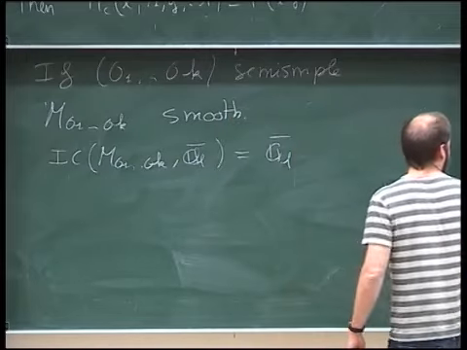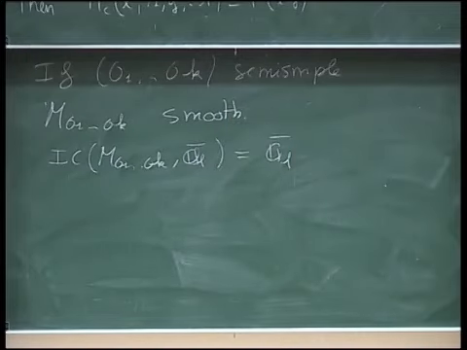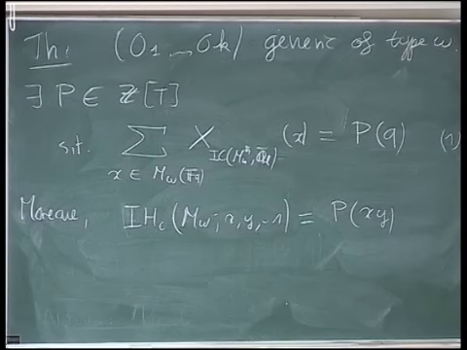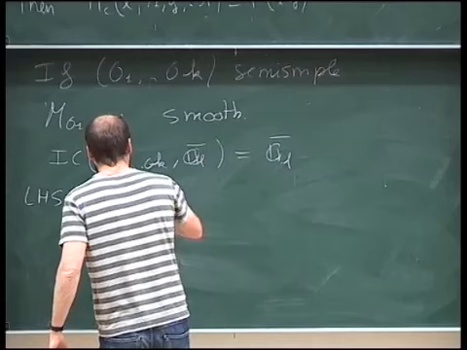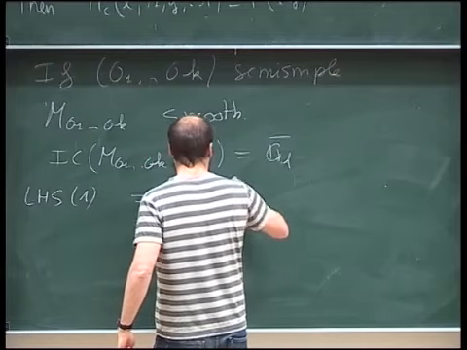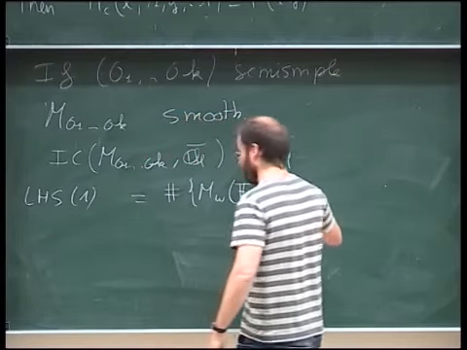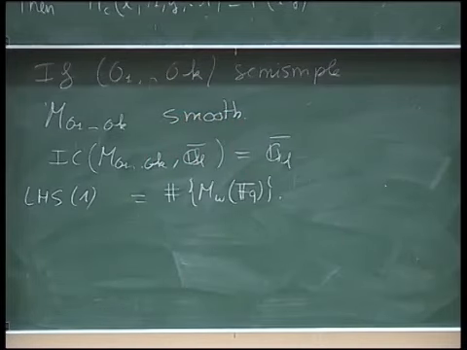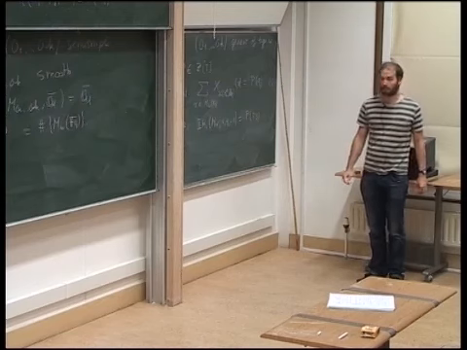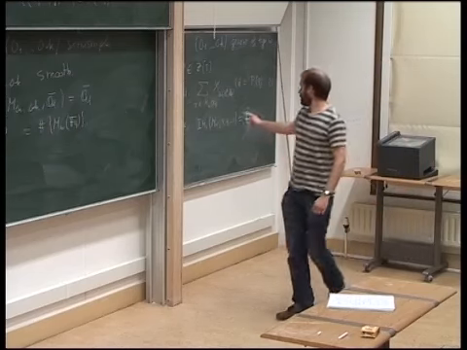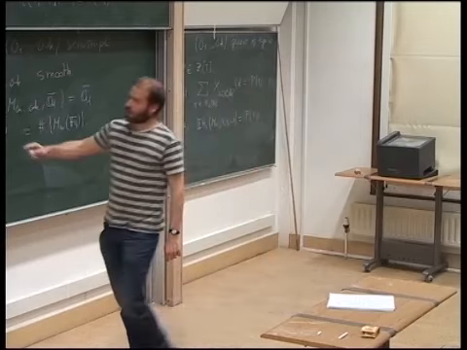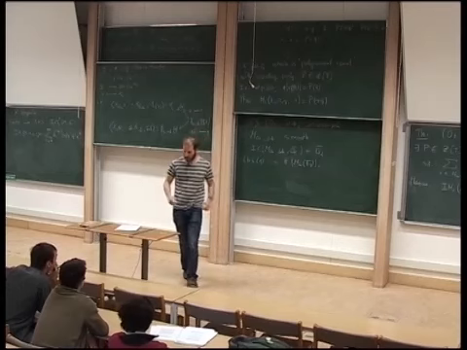And then the left-hand side of (1) is just the number of points of M_omega over a finite field. And this is exactly Katz's theorem. So when it is smooth, you get it from Katz's theorem. Now we are very close, we just need one specialization from here.